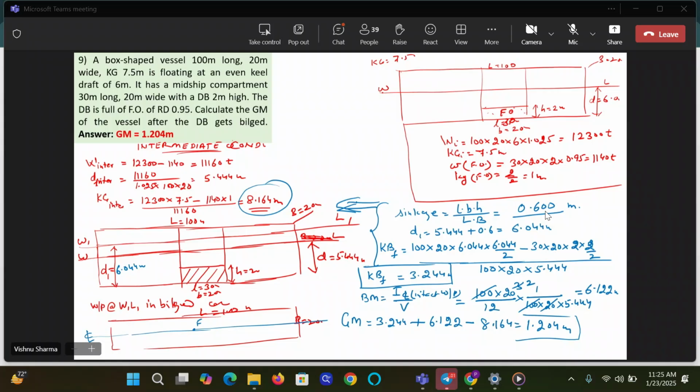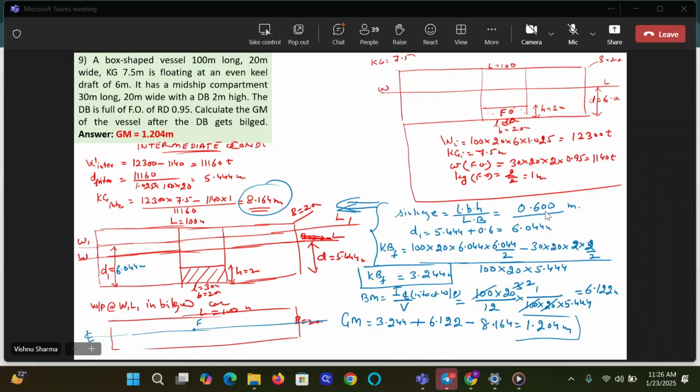So is it now understood how to deal with a compartment if it is carrying liquid, beta? Yes, sir. Okay, yesterday, whose question was that? That was Keshav. Keshav, when you asked what happens if the vessel is trimmed. In the previous question where we bilged the forward compartment, that question gets answered while calculating GM.